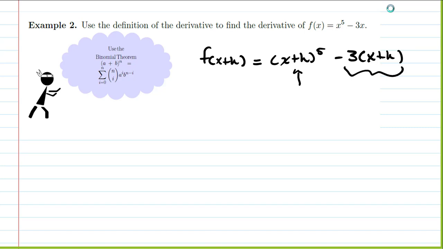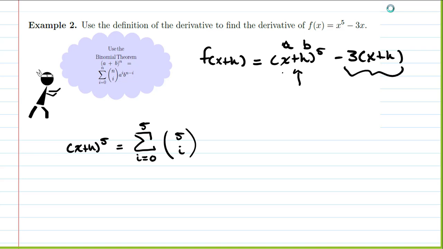Well, this is where the hint ninja says, well, wait a minute, (x plus h) to the n, or (x plus h) to the fifth, is equal to this sum as i goes from 0 to 5 of 5 choose i, a to the i, and our a in this case is going to be x, and our b is going to be h.